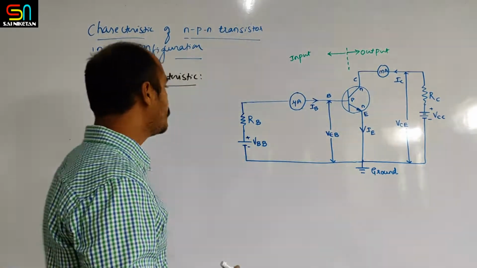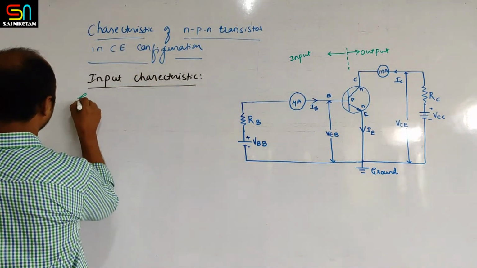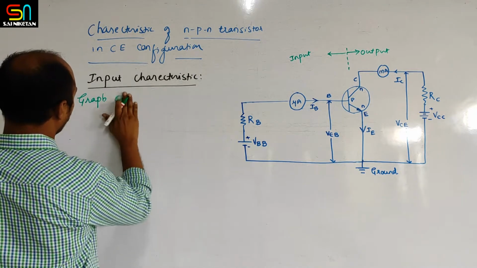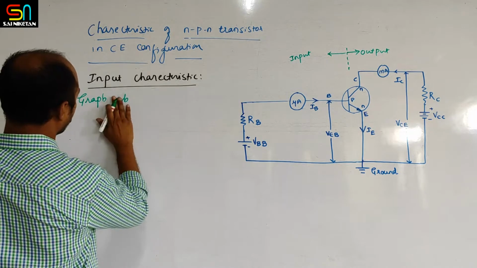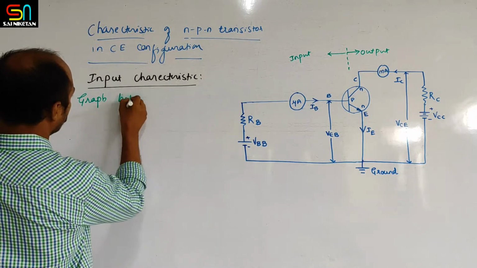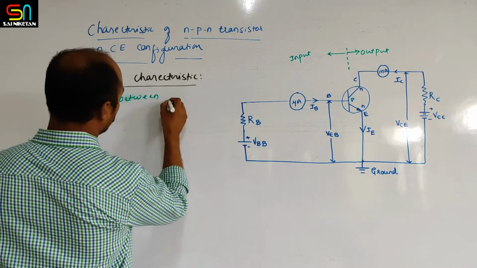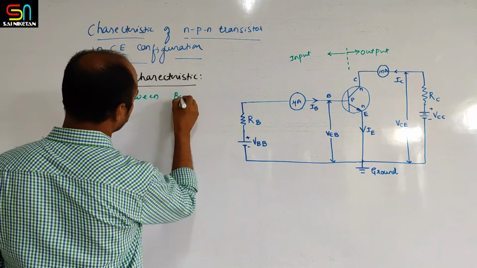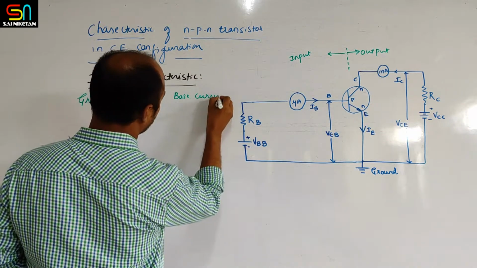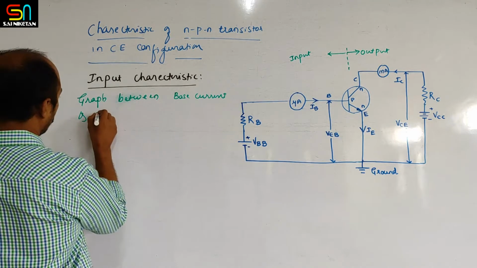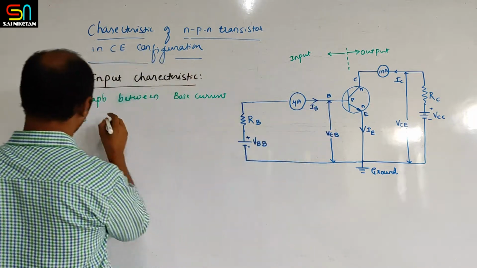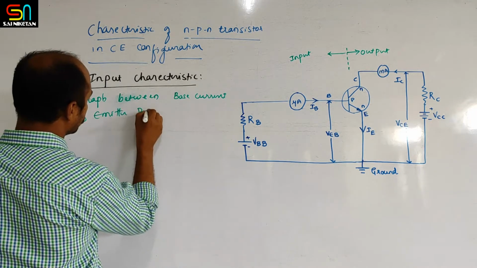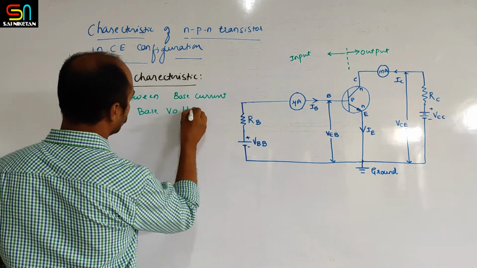So how can you define it? In simple words, the graph between input current, which is the base current, and input voltage, which is the emitter base voltage.